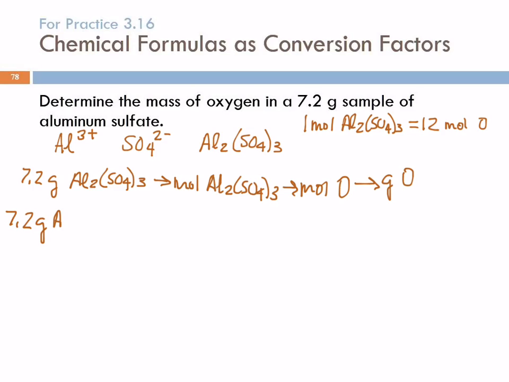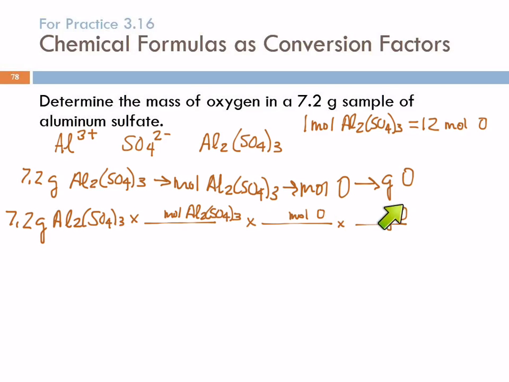7.2 grams of aluminum sulfate. I completely understand that it gets tedious to write all these formulas. Do you think I'm enjoying writing these formulas right now? I am not. It's important though, because otherwise you come up with the wrong answer, and that's even more tedious. And next is moles of oxygen, and finally is grams of oxygen.